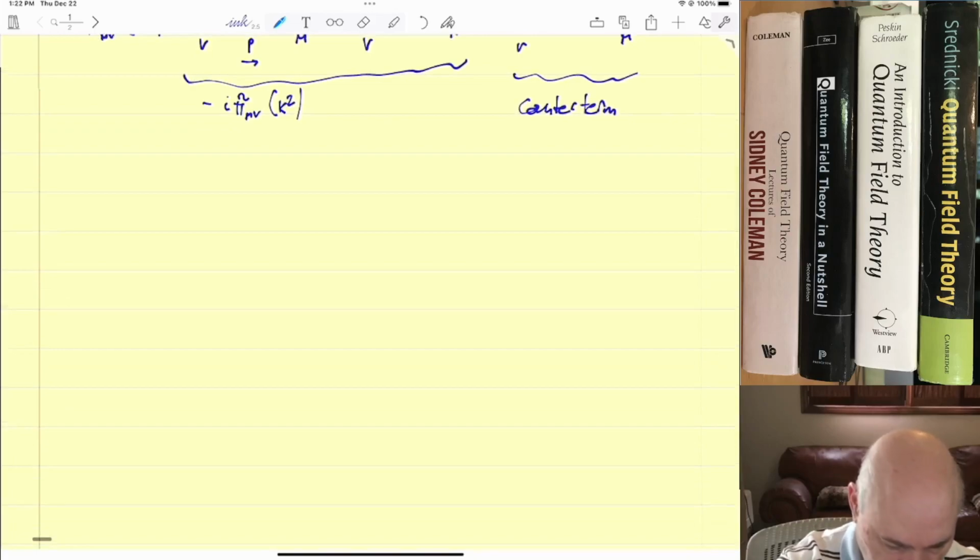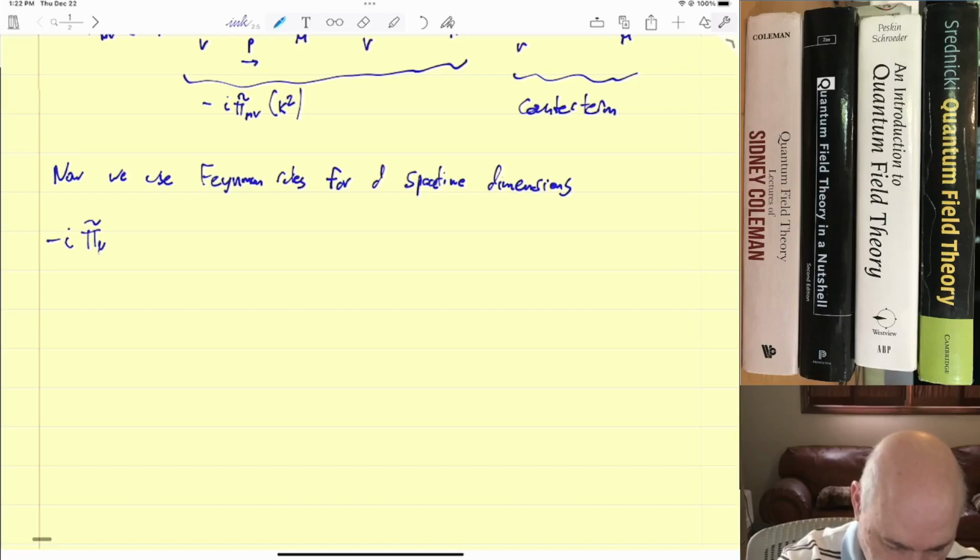Okay. Now we use the Feynman rules for these space-time dimensions. So I have minus i pi tilde mu nu of k squared equal to minus i e squared. There's no negative sign in front because we don't have a fermion loop. We have a scalar loop.